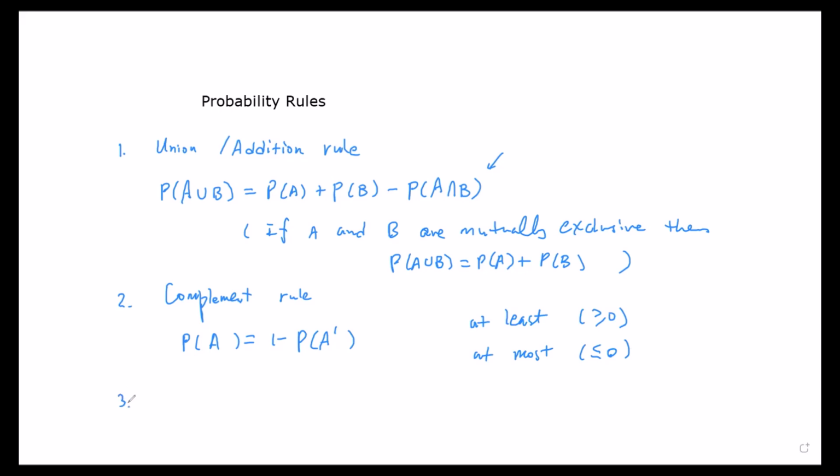And the third rule is the product rule of probability, which is to calculate the probability of the intersection if the conditional probability is known. So these are the basic rules that we cover in elementary probability and statistics class, while Bayes rule is another topic we're not going to cover today.